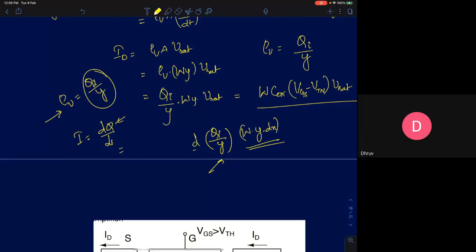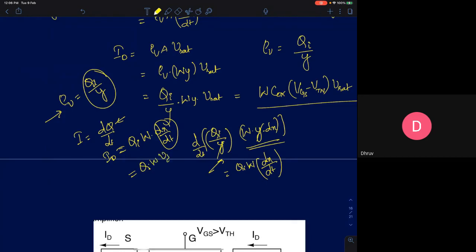Now if you differentiate this, d by dt of this entire term, I get the current, right? If I take Qi common out and W common out, y and y cancel out, you will be left with dx by dt. What is dx by dt? The velocity in the horizontal direction. That's your drift velocity. So you get the inversion charge times W, the channel width, times dx by dt. That is your drain current. And dx by dt is nothing but your drift velocity. So Qi W into drift velocity is the drain current.